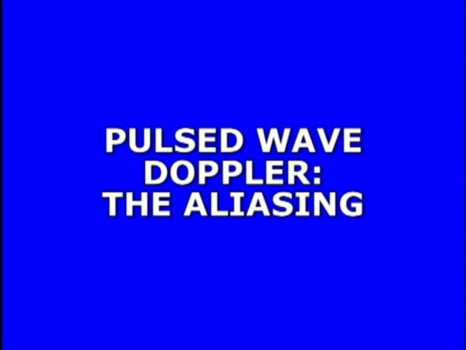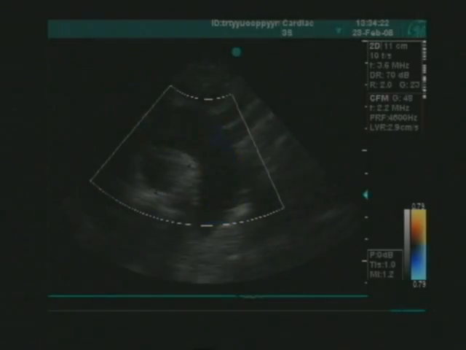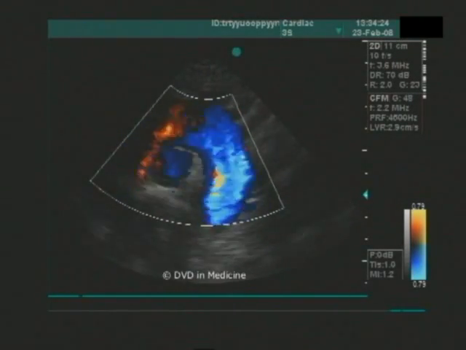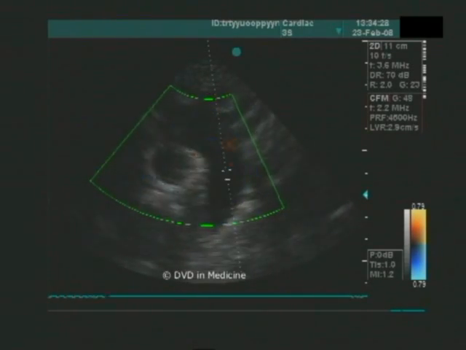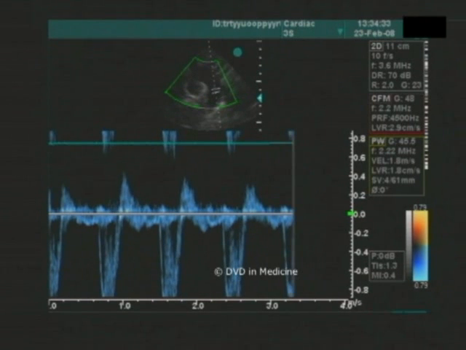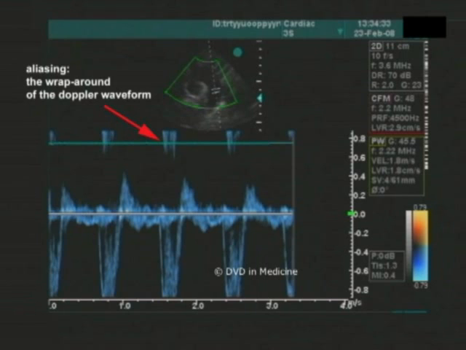Pulsed wave Doppler, the aliasing. If the pulse repetition frequency is too low for the Doppler shift frequencies from the blood flow, aliasing will occur. As a result, one sees the wraparound of the Doppler waveform.